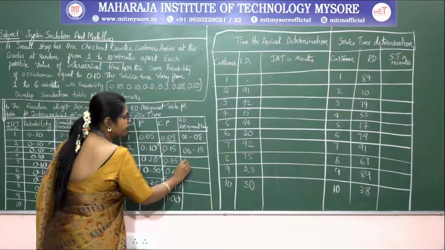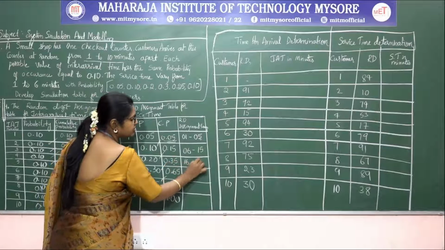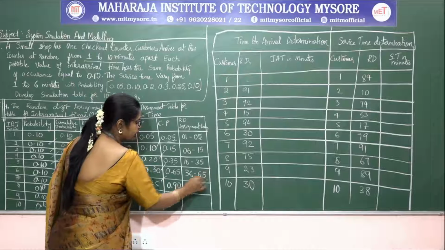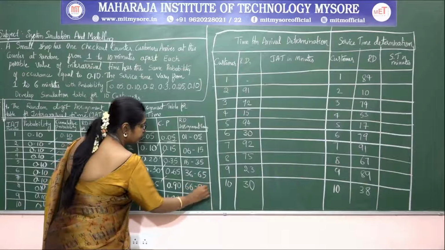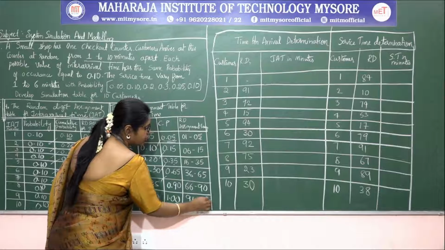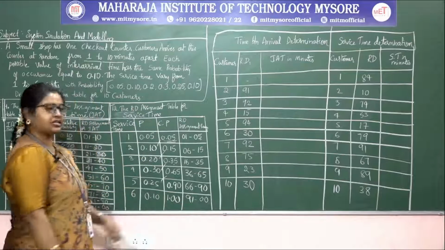After 15 we have 16, so 16 to 35, next 36 to 65, and 66 to 90, and then 91 to 99 or 00 is the last number.